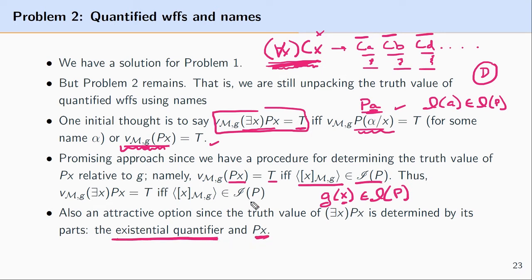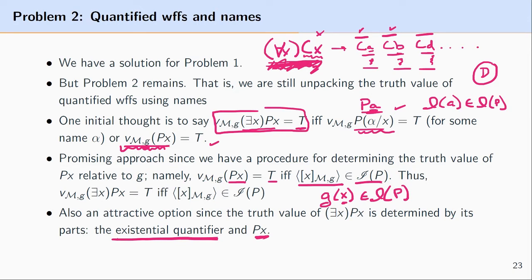Because you'll recall, if we use names, we make the truth value of this universally quantified expression not determined by the truth value of Cx, but determined by some operation we would perform on Cx. That is replacing x with every single name and checking to see if for every single name that formula would come out as true.